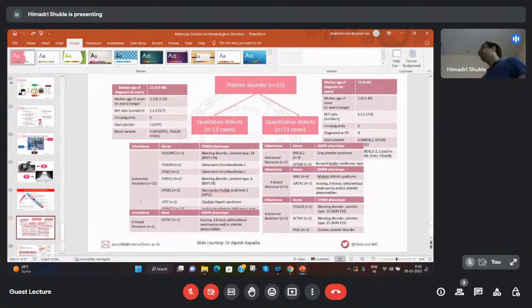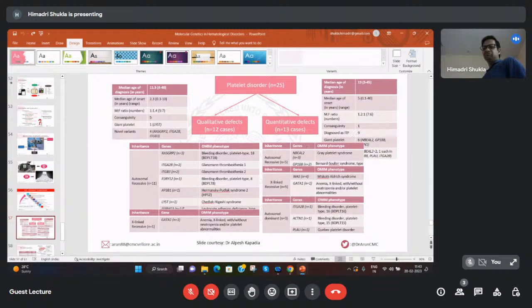Earlier, when we thought of platelet disorders, we'd say probably, of course, Wiskott-Aldrich, but if there is something abnormal in the thromboelastograph, for example, we'd think it might be a case of Glanzmann thrombasthenia or maybe Bernard-Soulier syndrome. But you can see there are so many.